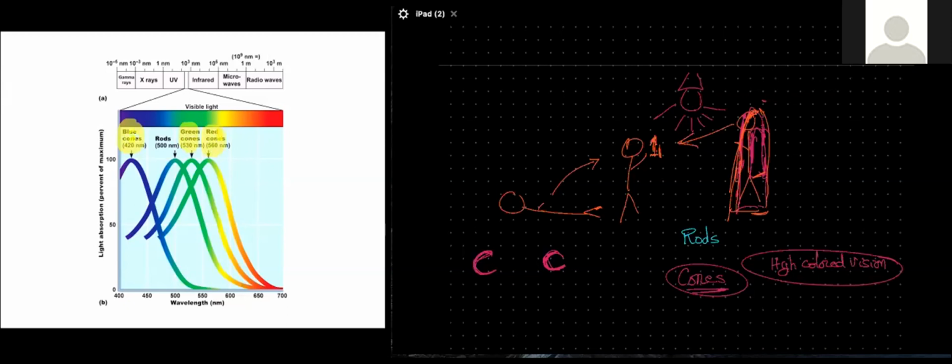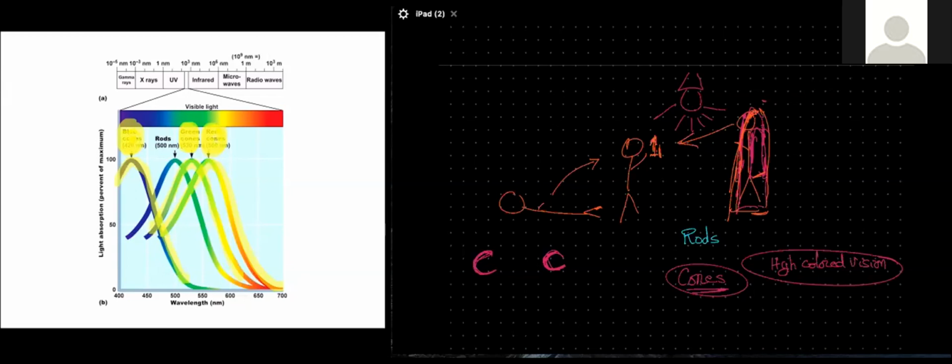Light travels in waves, and each color is determined according to the wavelength of the light rays. So we have red cones, green cones, and blue cones. And by combining all three of them, your brain can detect all the various colors that you can see.